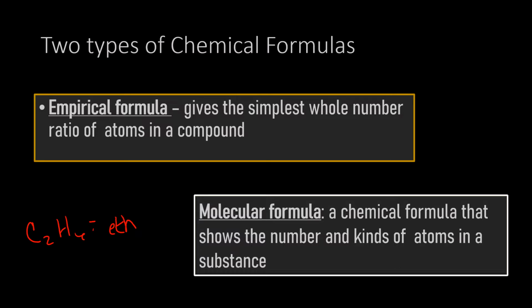That is the molecular formula. The simplest whole number ratio would be CH3. That is the empirical formula. So the empirical formula is our simplest ratio. The molecular formula is what is actually in the molecule.